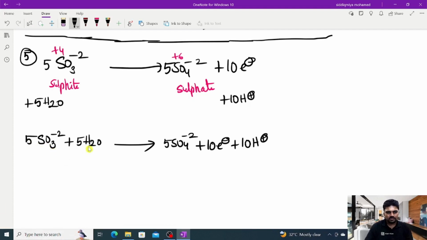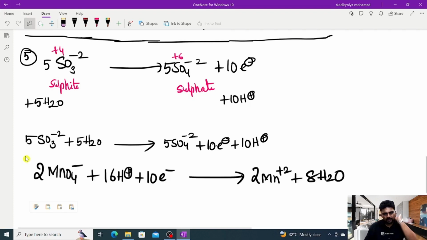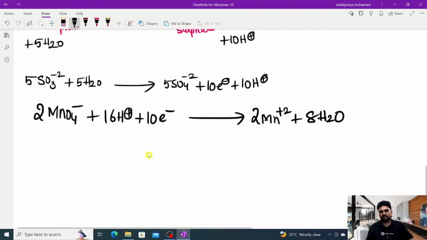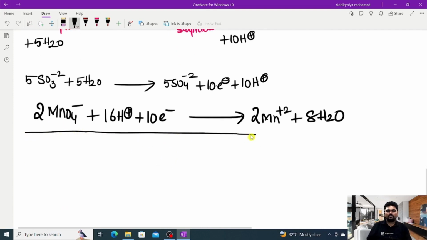5 times 3 is 15 plus 5 makes 20, 5 times 4 is 20, and 10H plus here and 10H plus there. Since 10 electrons are there, with the 10 electrons equation we have to add up. So 10 electrons cancel. 5H2O cancel, 3H2O remains. 10H plus and 10H plus cancel, 6H plus remains.